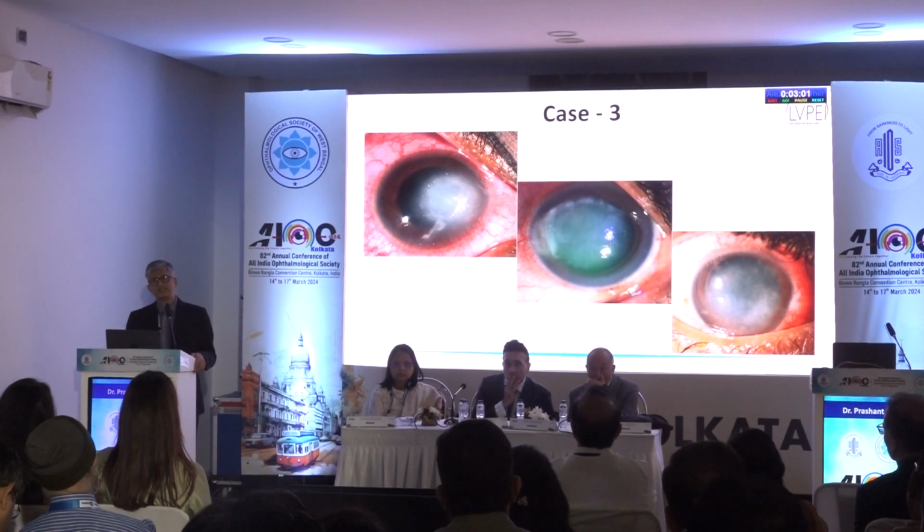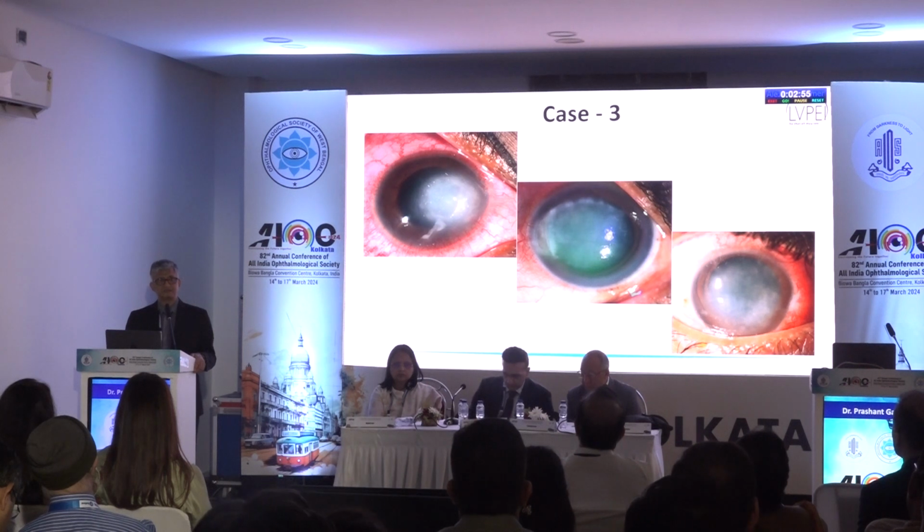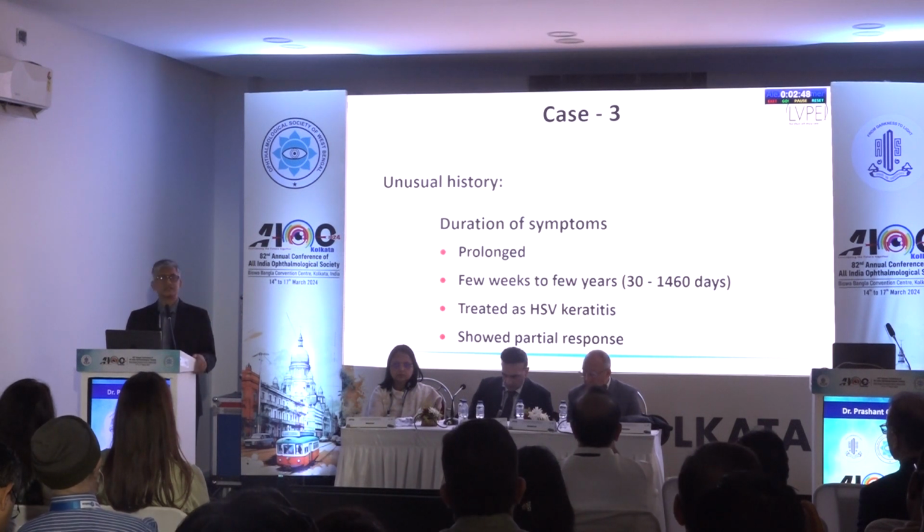Let me give you another series of 3 patients who again presented with a circumscribed corneal edema. In all these 3 patients, the unusual history was that they presented to us with a history ranging from weeks to months, and some of the patients presented with a history of several years.